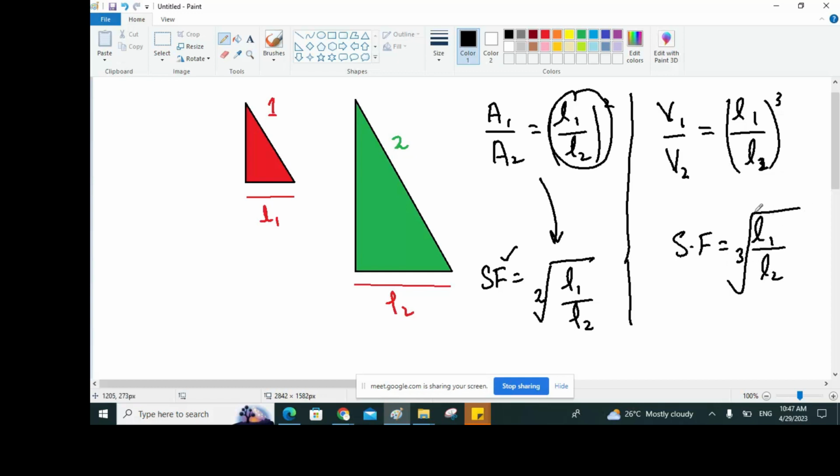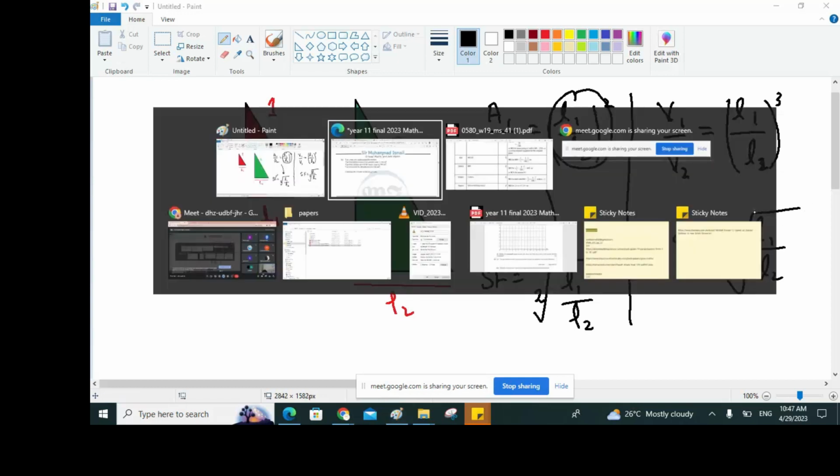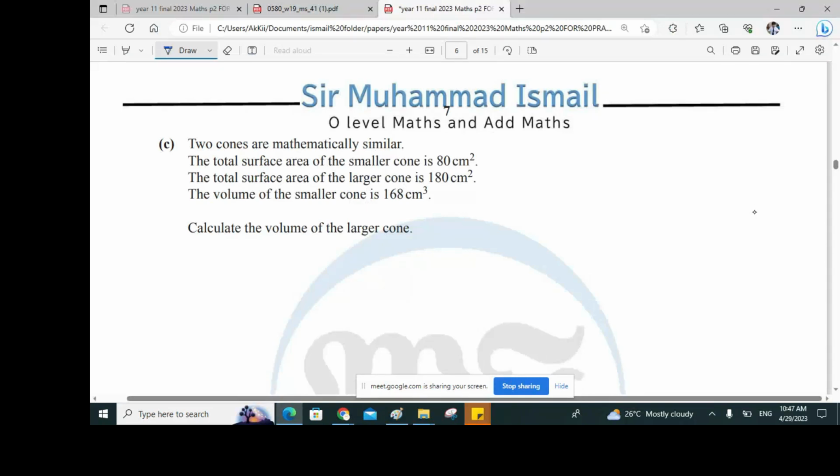So what I must do over here is, there are two cones that are mathematically similar, the total surface area of the smaller cone, so if I take the smaller cone like this, for my imagination I'm making a small cone and a large cone, similar cones but small and large.